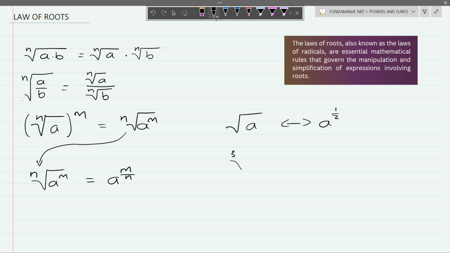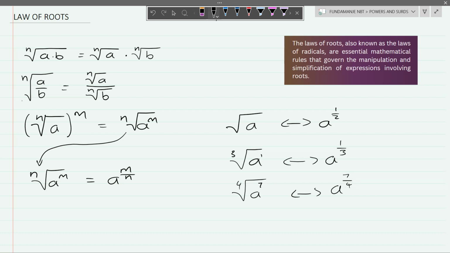If we have the cube root of a, this is similar to having a to the power of 1 over 3. Similarly, if we have the fourth root of a to the power of, let's say, 7, this is similar to having a to the power of 7 over 4.